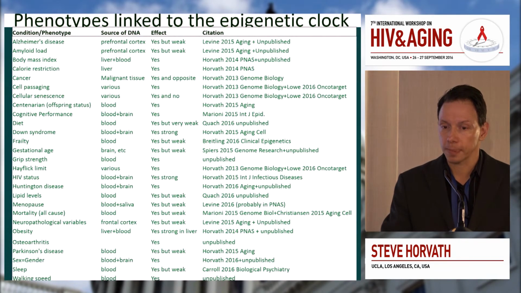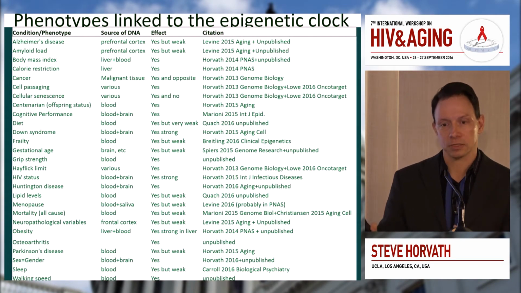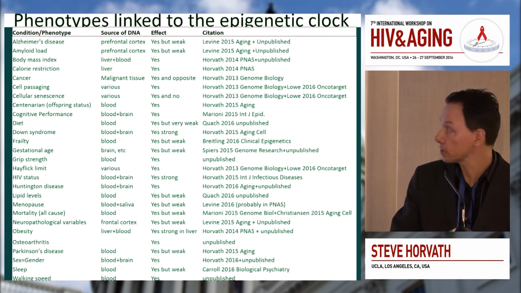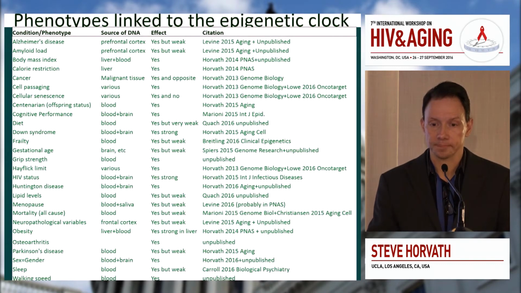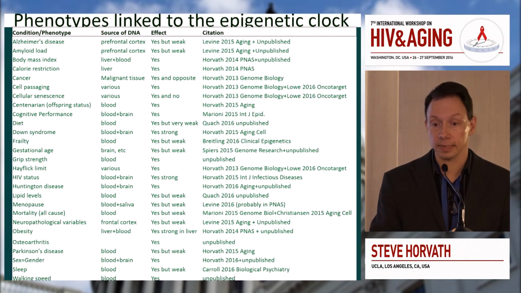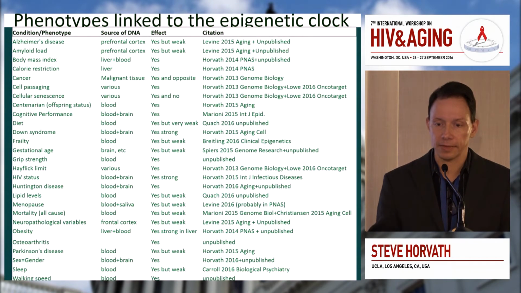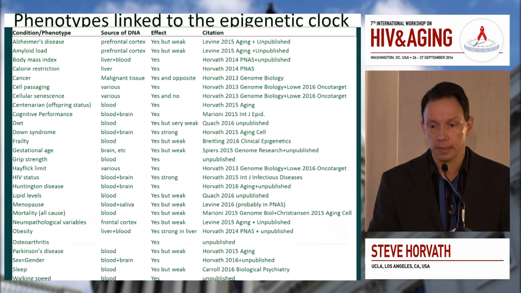So for one thing, yes, the epigenetic age is accelerated in Alzheimer's disease, as long as you look at the prefrontal cortex. Similarly, amyloid load is correlated with age acceleration. Body mass index has a strong relationship in liver, a much weaker relationship in blood. Calorie restriction, liver, cell passaging, cellular senescence, Hayflick limit, all of that relates.